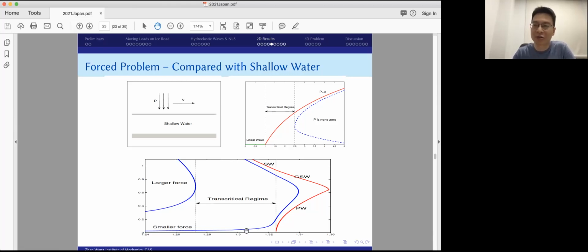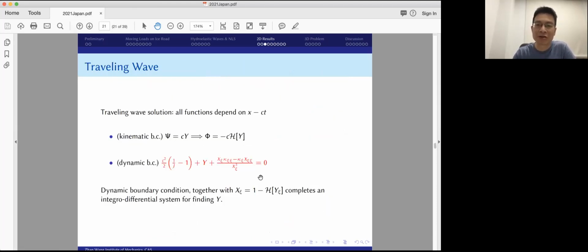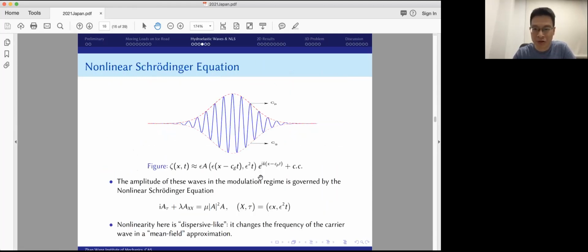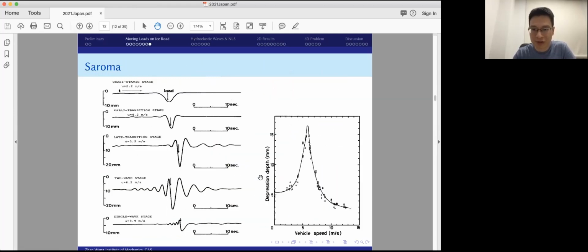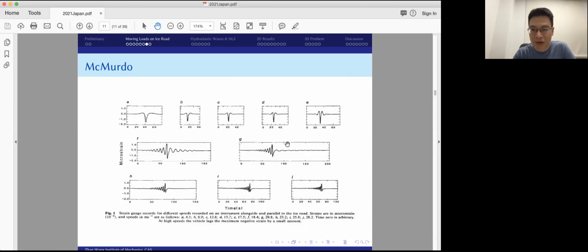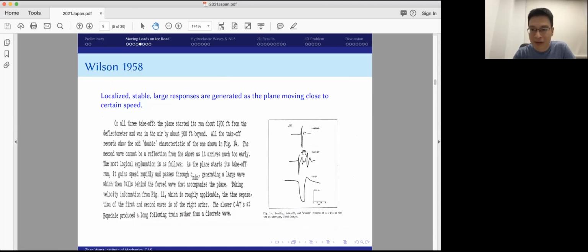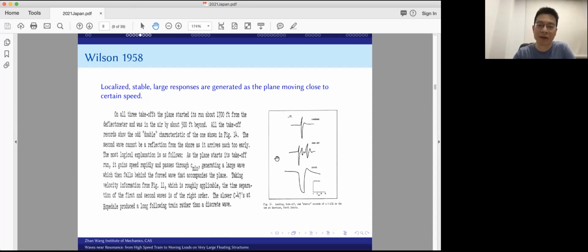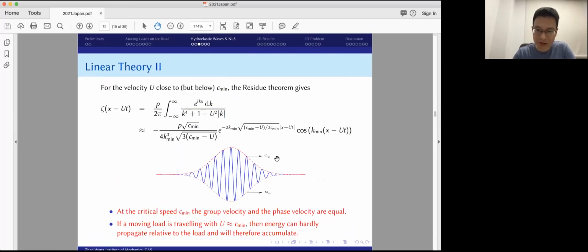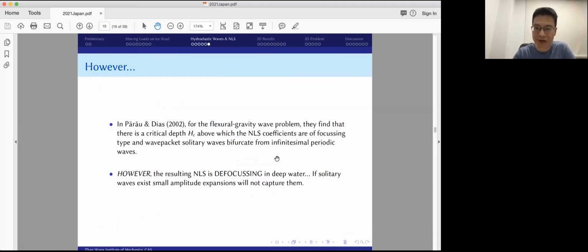And these solitary waves propagate slower than the forcing. And that's why Wilson saw these double characteristics in the takeoff record. What he saw is two waves, and the generated wave falls behind the airplane. So okay, that's explaining his observations.